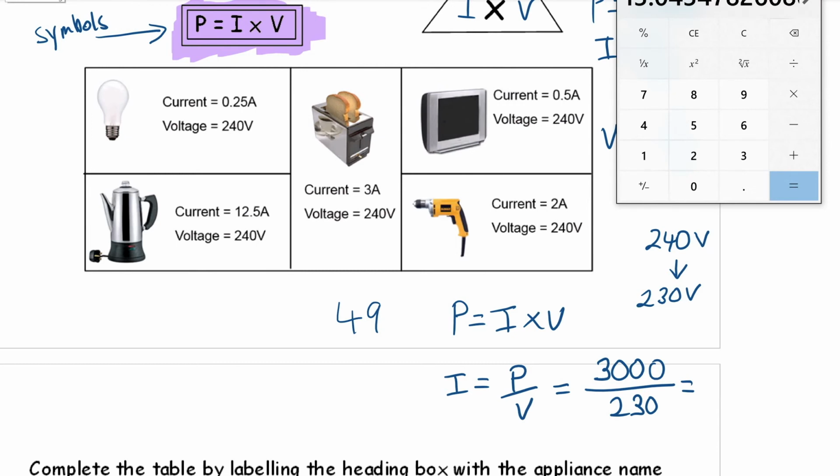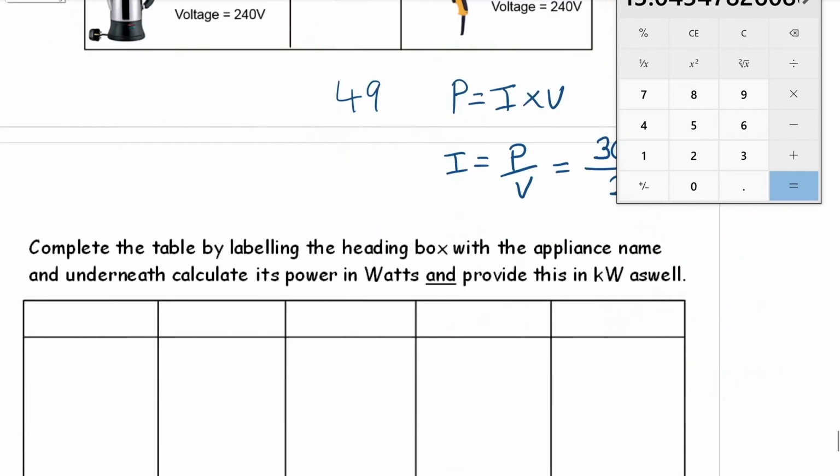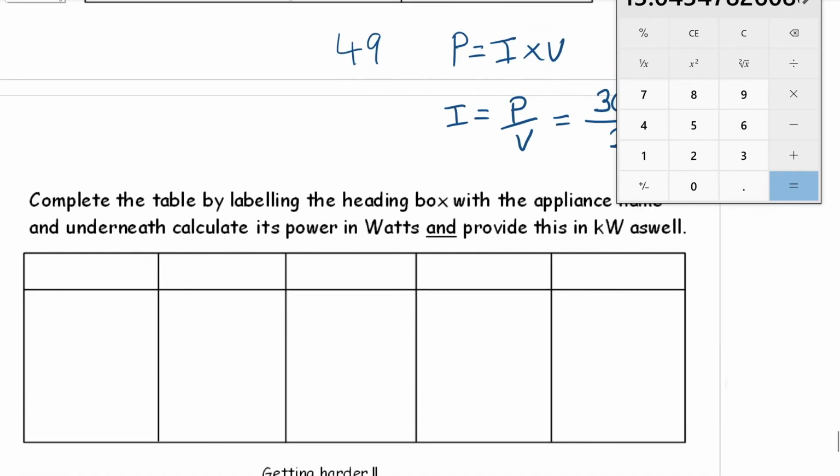If we had an appliance more than that, it would be dangerous, and the 13 amp fuse in the plug would blow, meaning you can't use the appliance. We're going to be learning more about that later on in year 10. Anyway, thought it'd be interesting to mention.